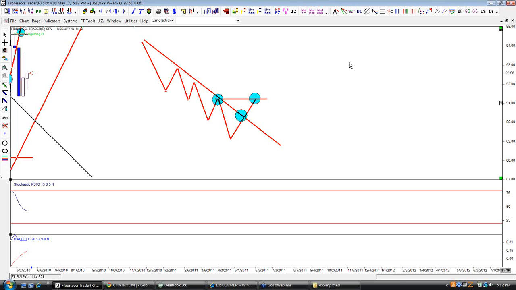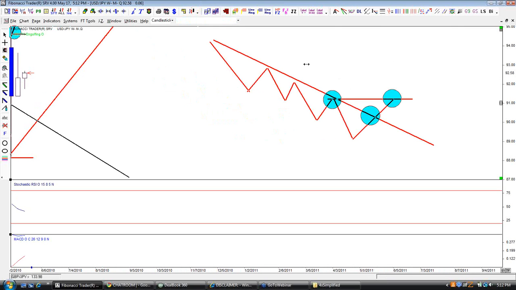Now, next thing we can do, there is a couple of ways to trade the head and shoulders pattern. Some traders use the so-called right shoulder to enter the market.